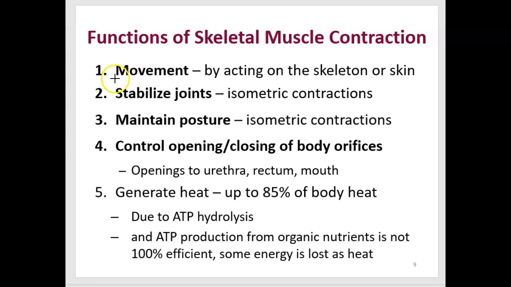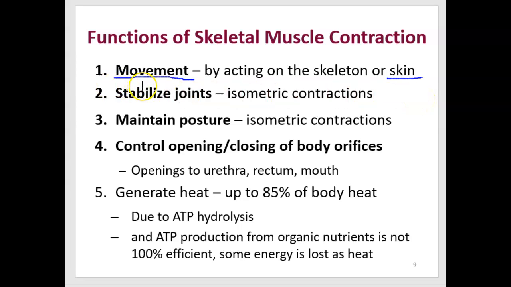One of the major functions that we associate with skeletal muscles is the movement that our bodies can do, because these muscles act on the skeleton, moving bones at joints. Some skeletal muscles actually insert in the skin, like facial muscles, so we can have movement of our facial muscles for facial expression as well.